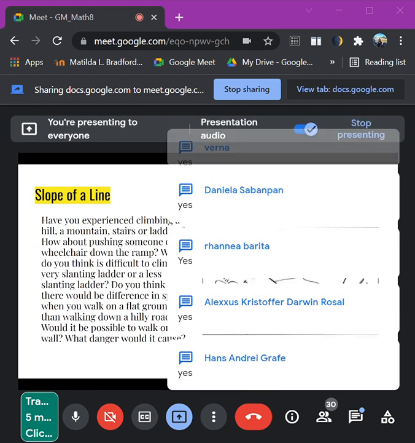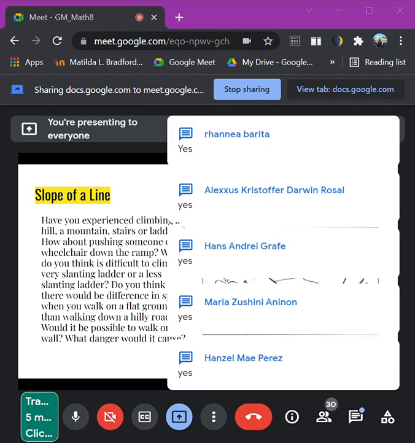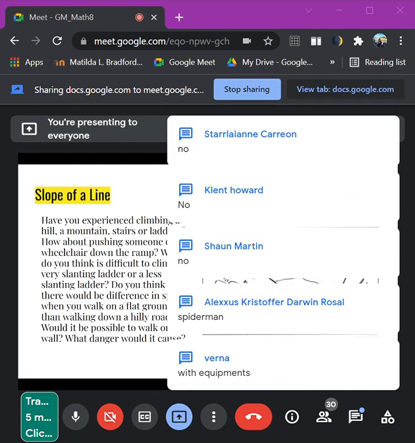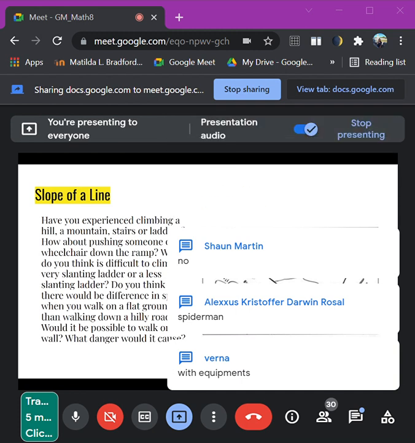Okay, yes. Would it be possible to walk on the wall? Has anyone tried walking on a wall? I think that is very amazing. So what danger would it cause if you're going to walk on a wall? Spider-Man with equipments.